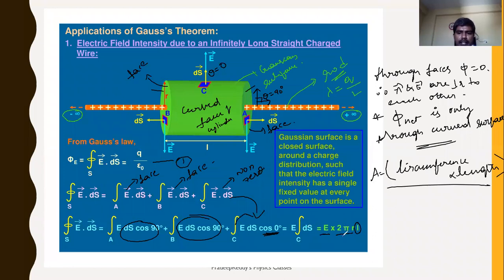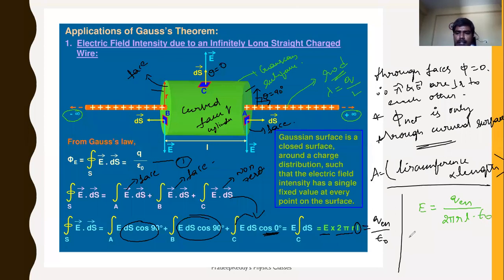And numerically, this should be equal to Q enclosed divided by epsilon naught, right? From here, you can write the electric field E is equal to Q enclosed divided by 2 pi r L epsilon naught.